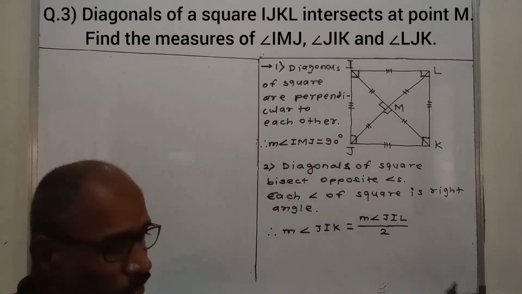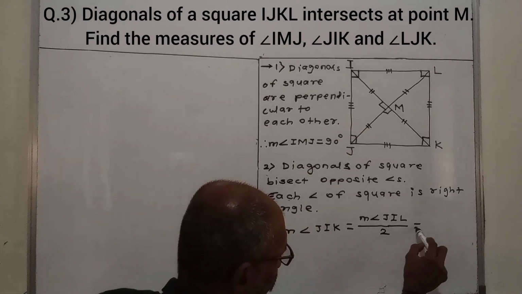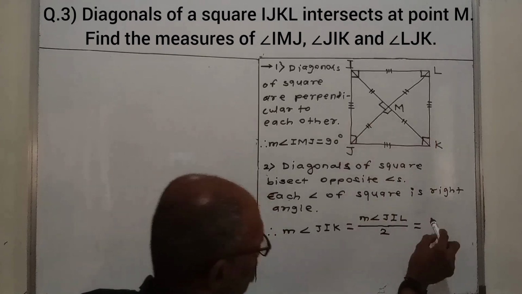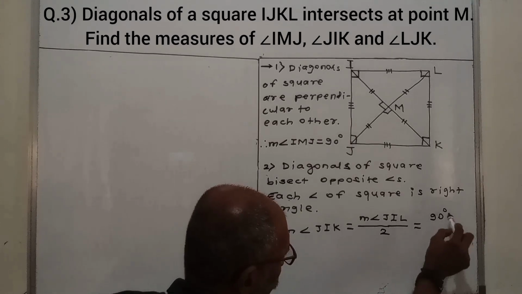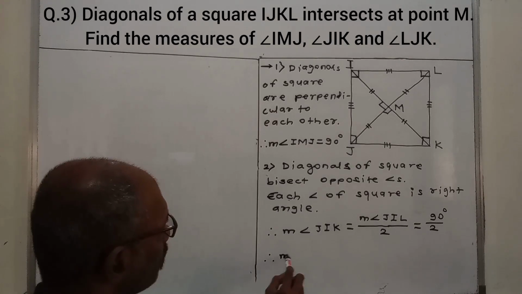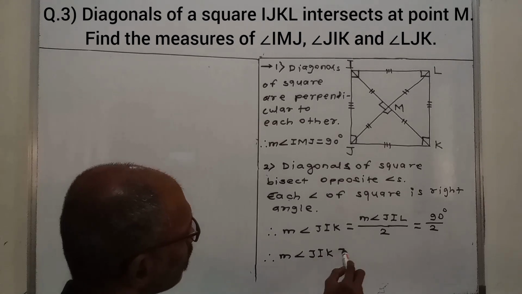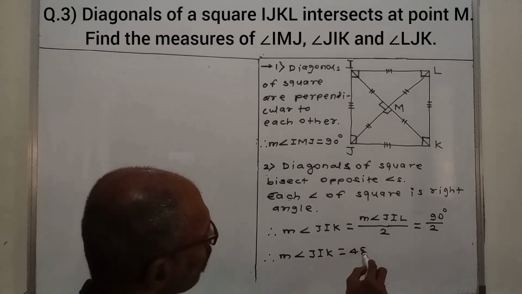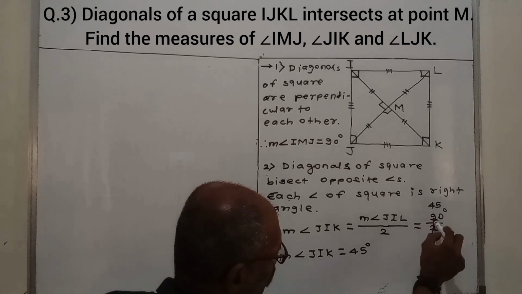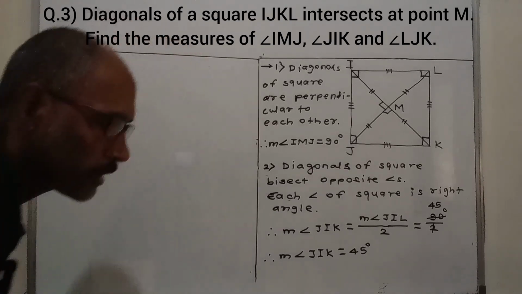Diagonals bisect opposite angles. Therefore each angle is the right angle or 90 degree. Therefore JIL is equal to 90 degree upon 2. Therefore measure angle JIK is equal to 45 degree. Did you get it? This is our second answer.